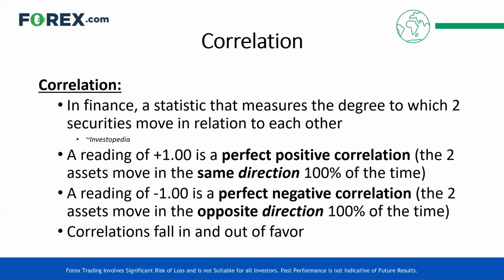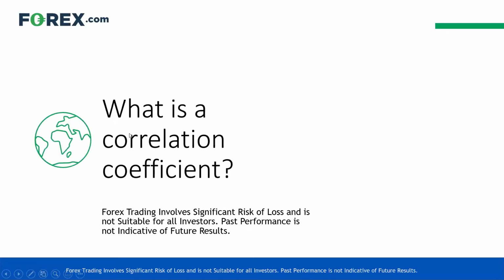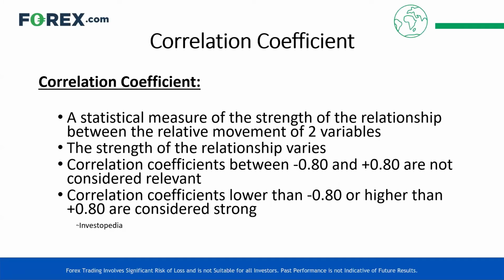So although they may hold on average, you have to watch and make sure that they're not turning and falling out of favor. The way that we measure correlation is using a correlation coefficient. This is a statistical measure of the strength of the relationship between the relative movement of two variables, which in this case is two instruments, whether they're currencies, fixed income, Bitcoin. You could use this for anything, and the strength of the relationship varies.